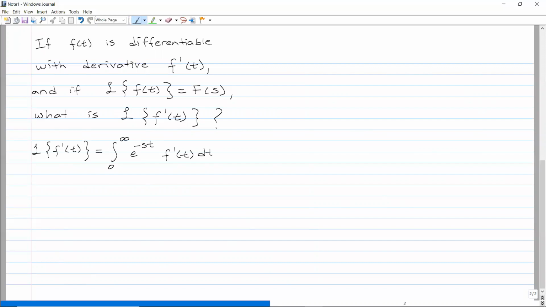Now what I want is to use the Laplace transform of f. So in this integral, instead of f prime, I want f. And to reduce f prime to f, what I do is use integration by parts.